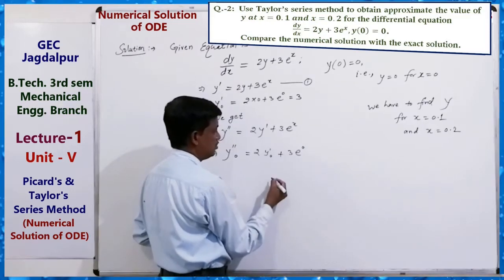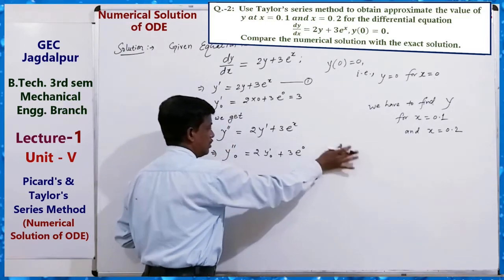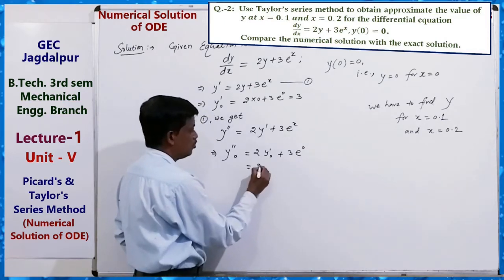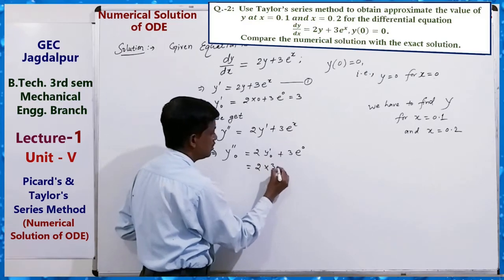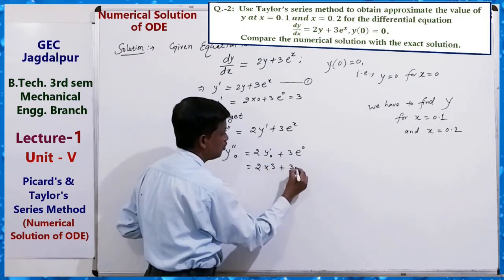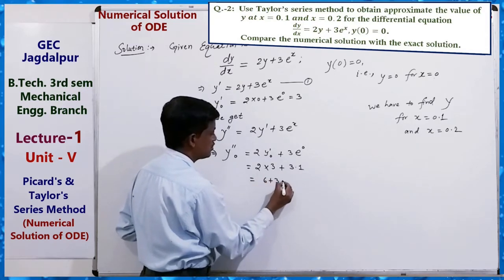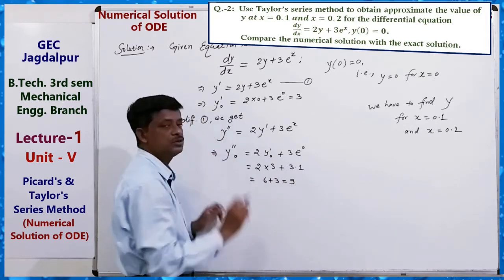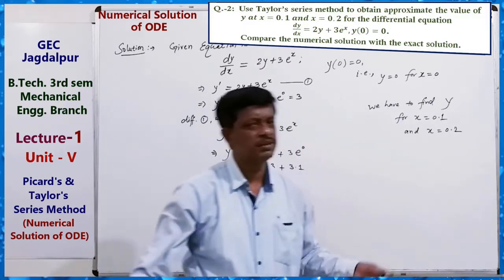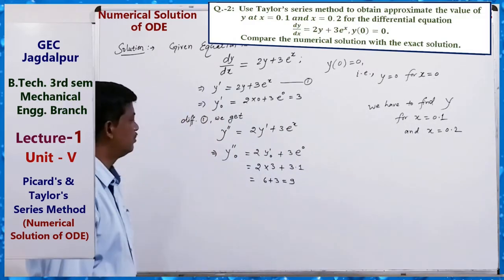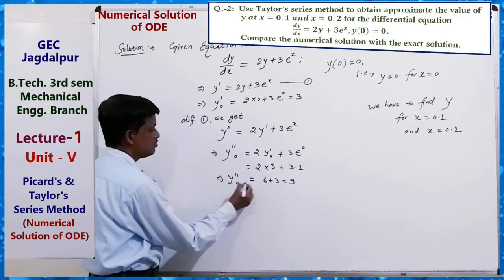So 2 y dash 0, which is 3, into 2, plus 3 into 1 equals 6 plus 3 equals 9. So y double dash 0 equals 9. Similarly, you can get the other values.